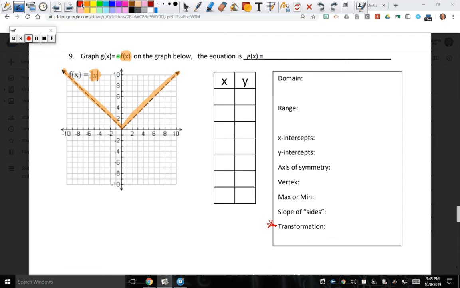So here's the thing. If my equation is f of x, aka absolute value of x, anything that happens inside with the x, and you saw this with the video, you do the opposite. Okay? And yes, I use the analogy like ex-boyfriend, ex-girlfriend, ex-wife, whatever.